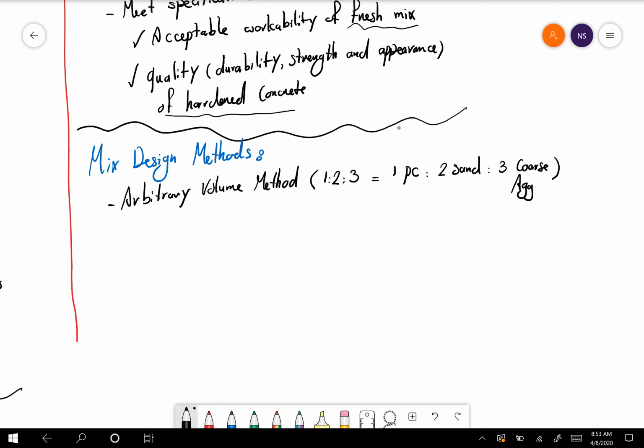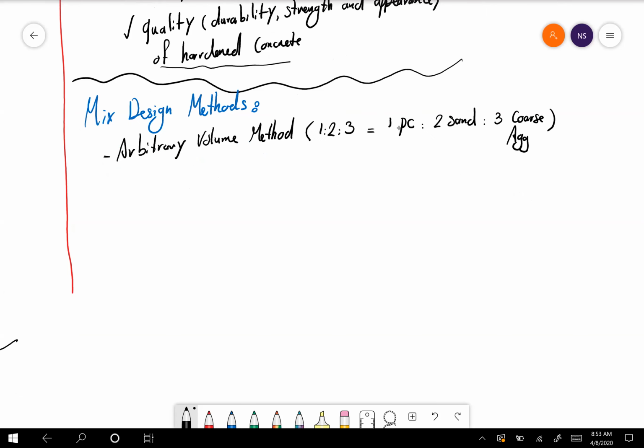Again, this is not the engineering method to mix the concrete, it's just very basically mixing ingredients together and having a typical concrete mix.